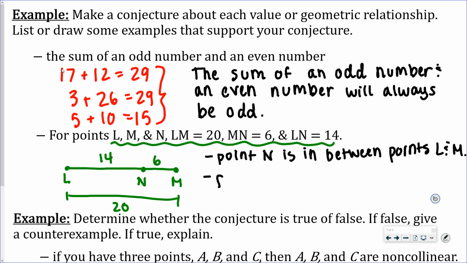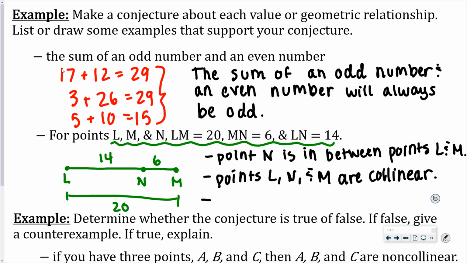We could say points L, N, and M could be collinear. These are just a bunch of examples. You don't have to write them all down. Segment length LN plus NM equals LM. That could be another conjecture.